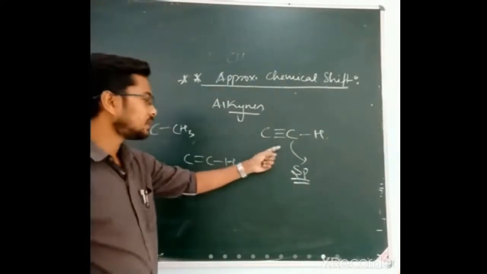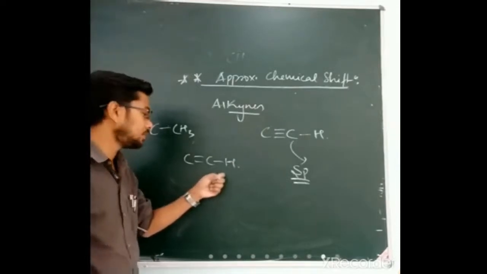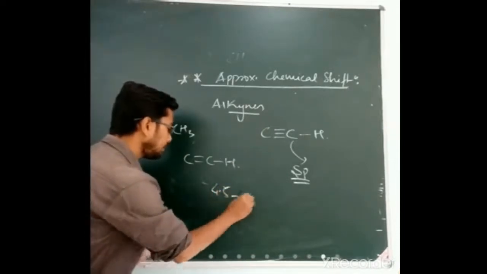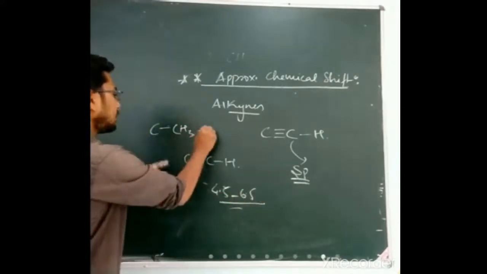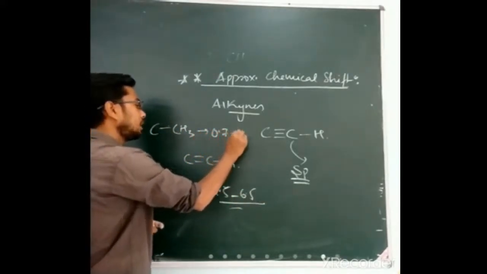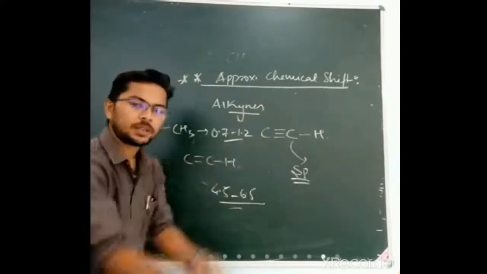Because of this ring current effect, it should be downfield than the alkene proton, which was coming at 4.5 to 6.5 region. It should be lower than this, and this is somewhere 0.7 to 1.2. So technically speaking, it should go beyond this region.